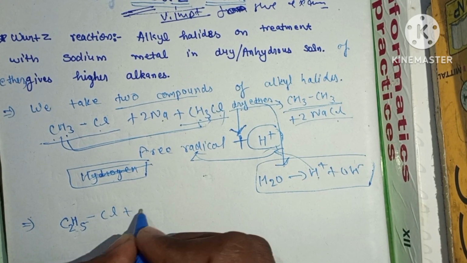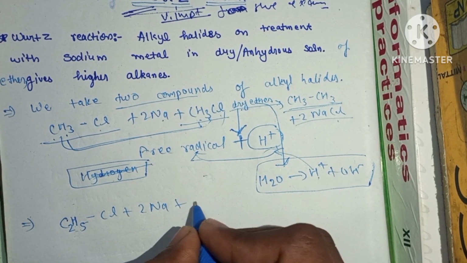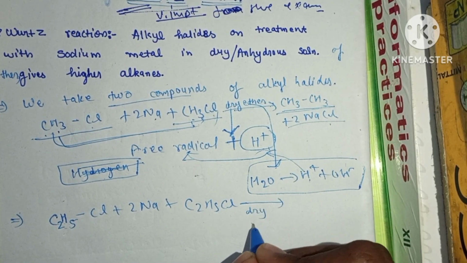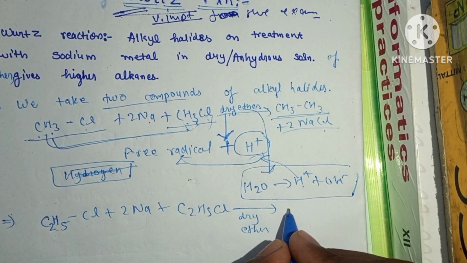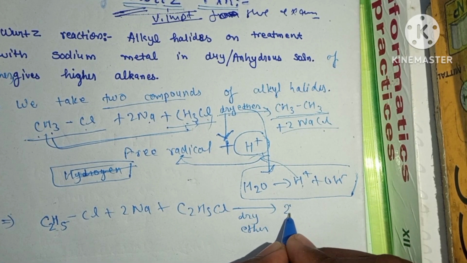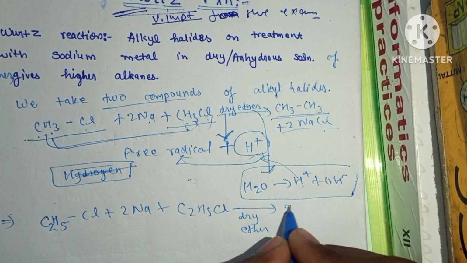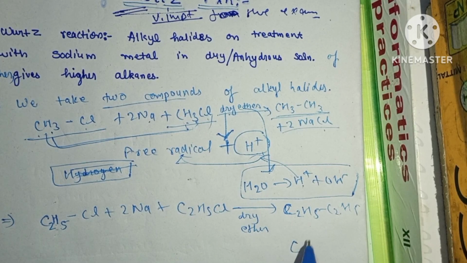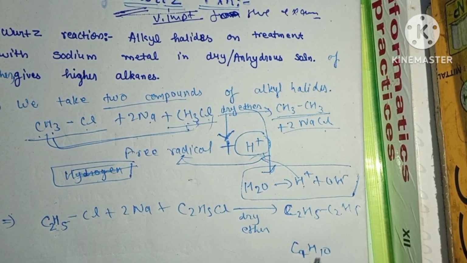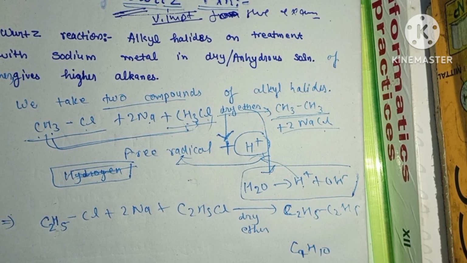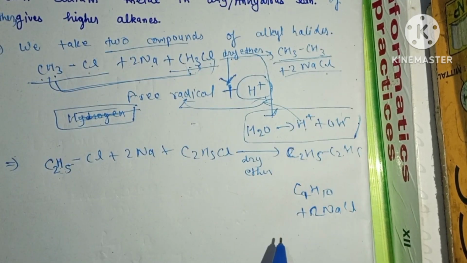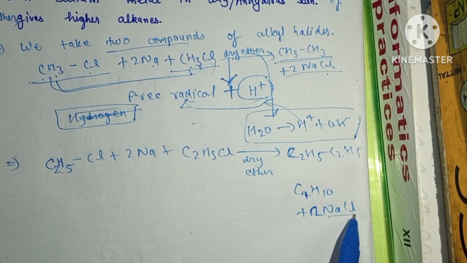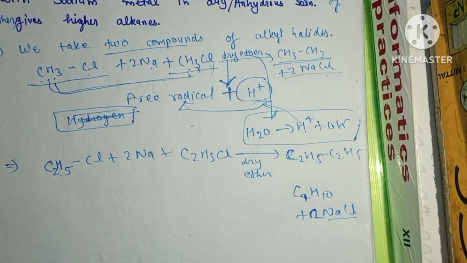C2H5Cl plus 2Na plus C2H5Cl in the presence of dry ether gives C2H5-C2H5, which means C4H10, plus 2NaCl. Here C4H10 will be formed and 2NaCl will also be formed here.